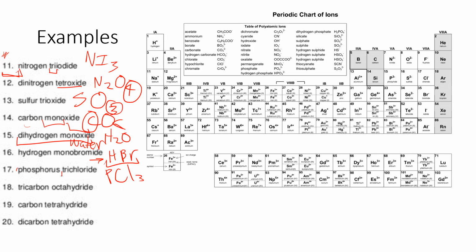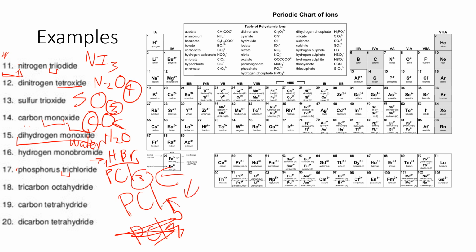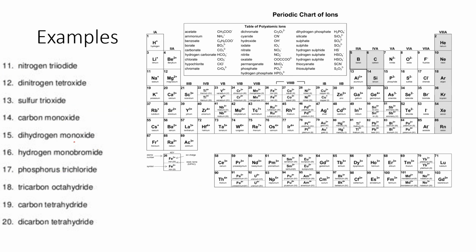The reason we put the tri here is because you can also have phosphorus pentachloride. Both of these compounds exist in real life, so you have to differentiate between the two, and that's why we have the prefix.